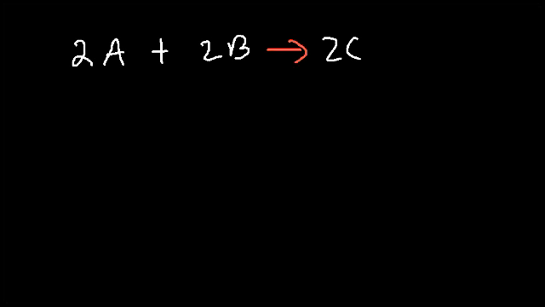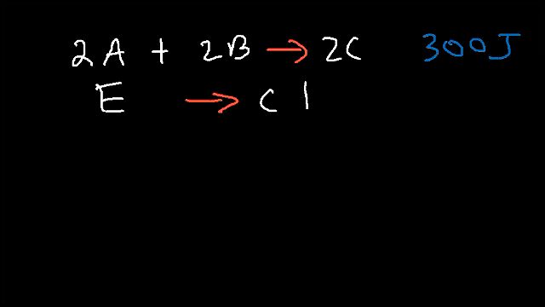So here's a practice problem for you. Let's say you have this reaction, 2A plus 2B yields 2C, and let's say the enthalpy change is 300 joules. And you also have E yields C plus D, and let's say the enthalpy change for that is negative 400 joules.